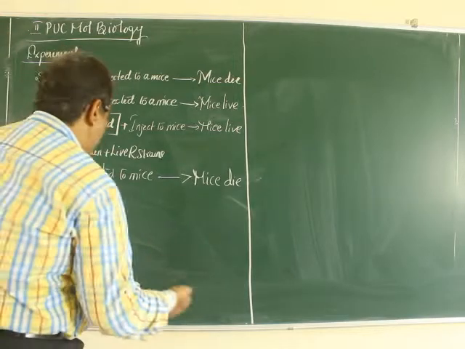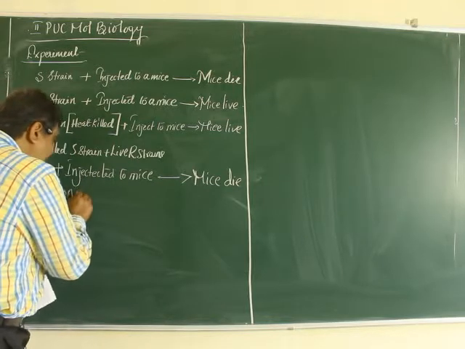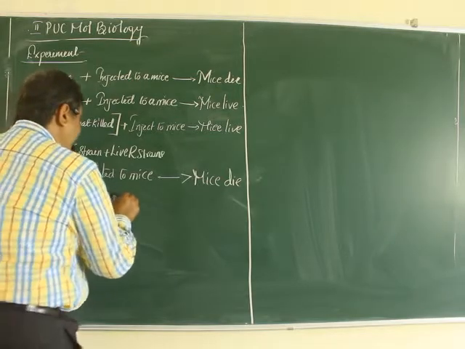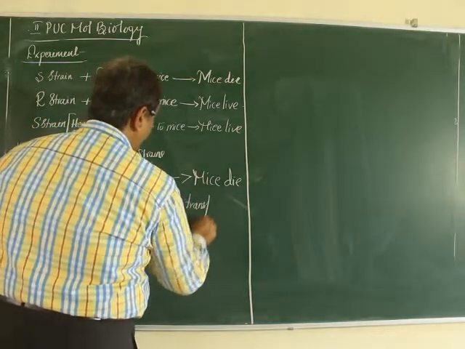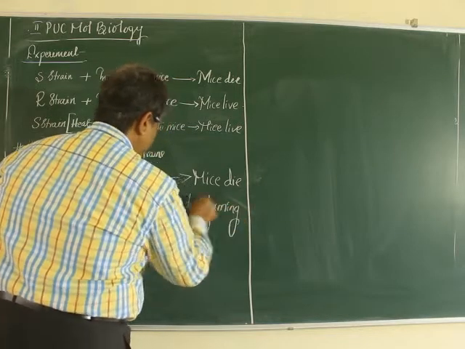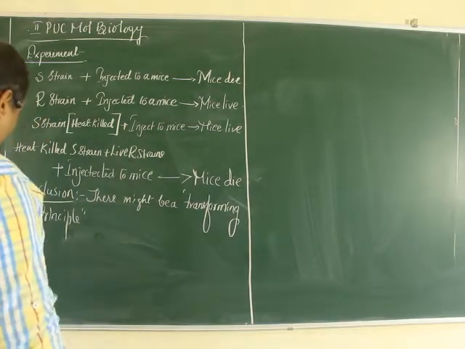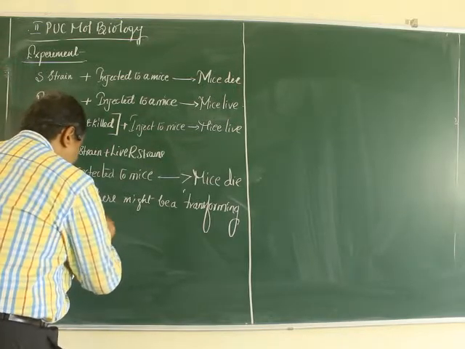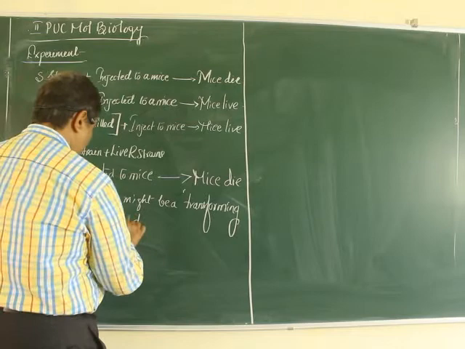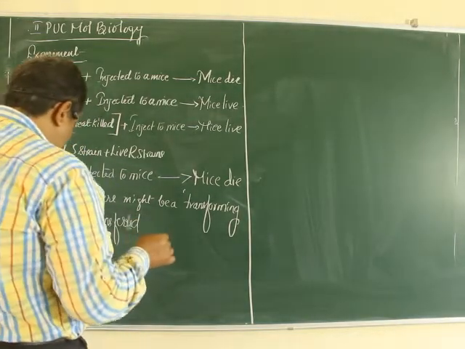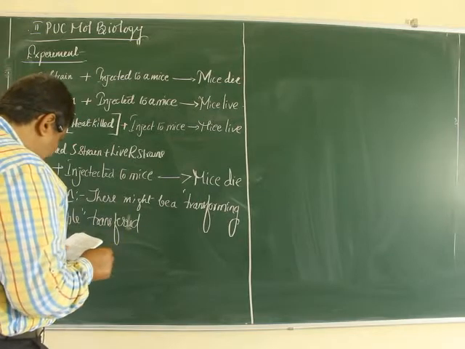Then he came to the conclusion that there might be a transforming principle transferred from heat killed S strain to R strain, and it enabled the R strain to synthesize the smooth polysaccharide coat and become virulent.